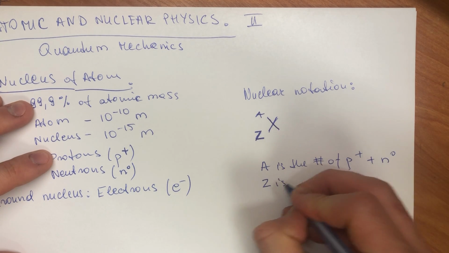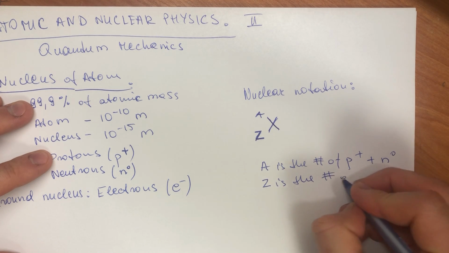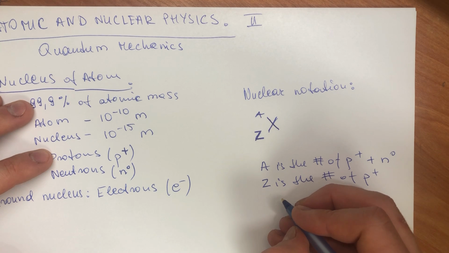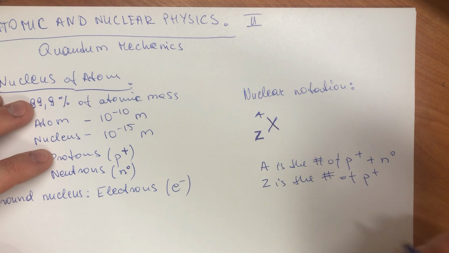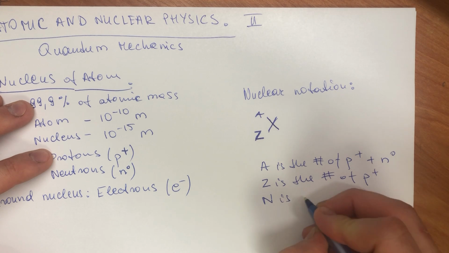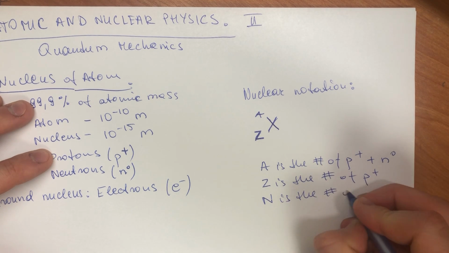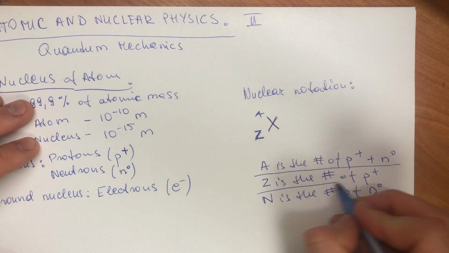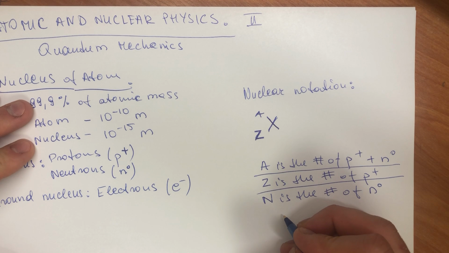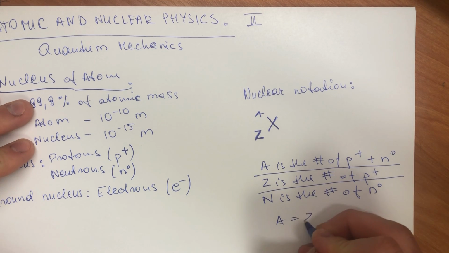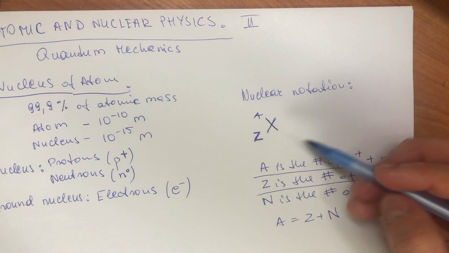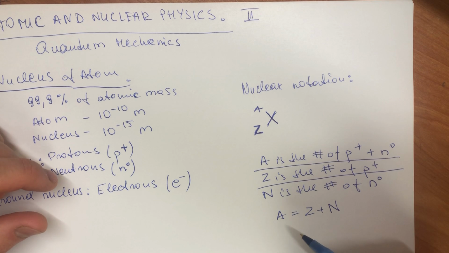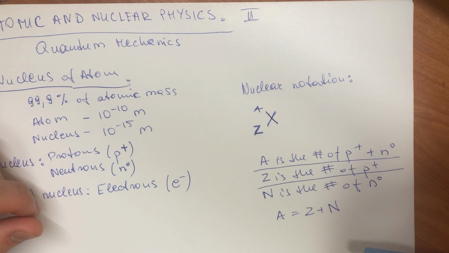Z is the number of protons, and N is the number of neutrons. N we don't see here, but A is Z plus N. And the number of electrons is usually equal to the number of protons if it's not in an ionized state.